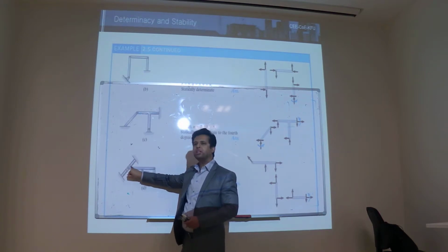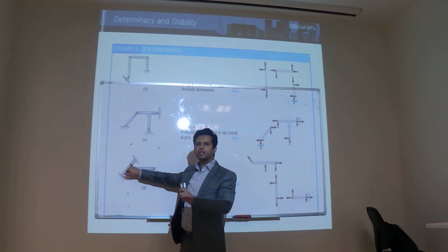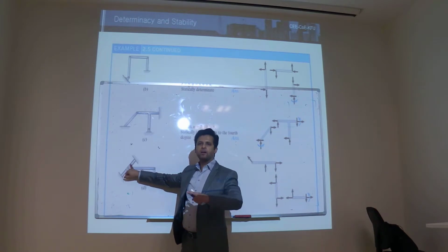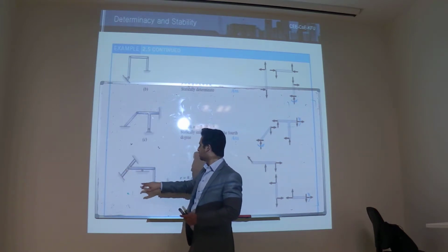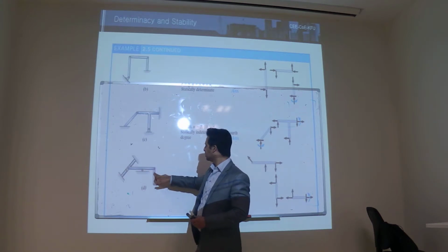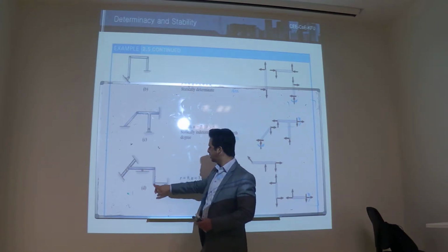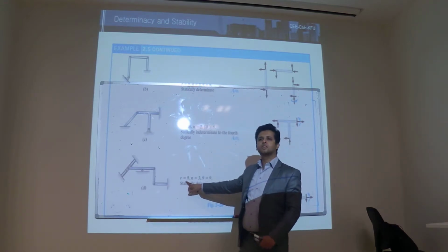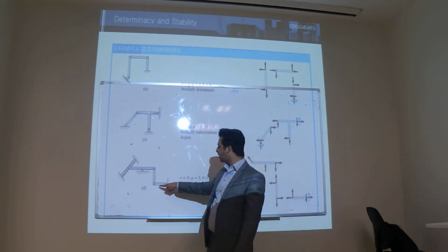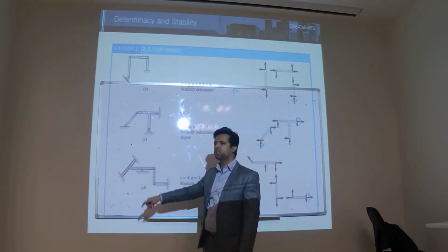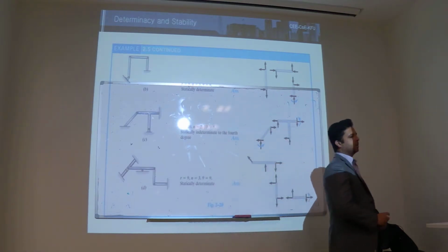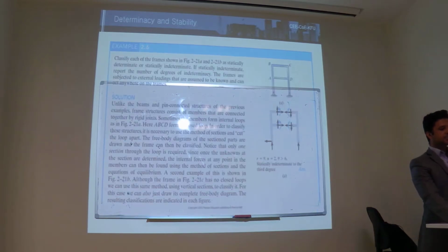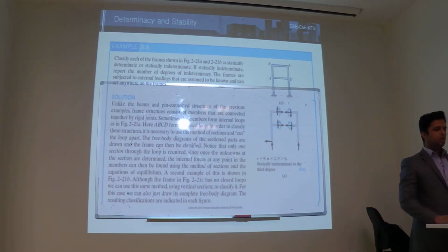It is a pin collar, and before it was a fixed collar. So 1, 2, 2 and 2, 4, 6 and 3, 9. So R is 9. And how many parts? 1, 2 and 3. Statically determinate.